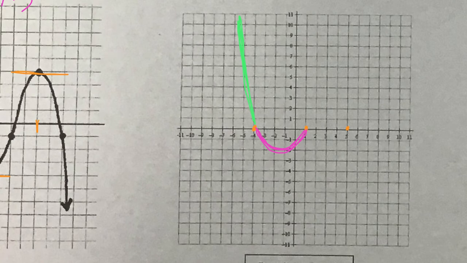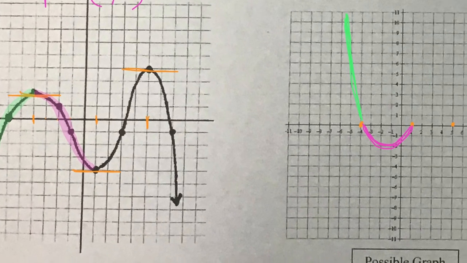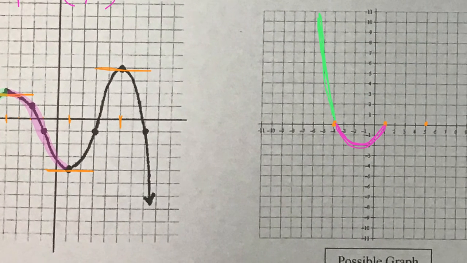But because my graph is decreasing, my slope function has to be below the x-axis. Back to our graph, now we are once again increasing, so our graph is going up, which means our f prime is going to be above the x-axis between this interval of +1 and +5.